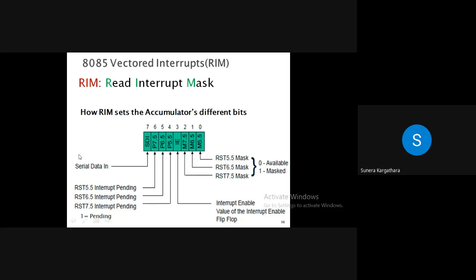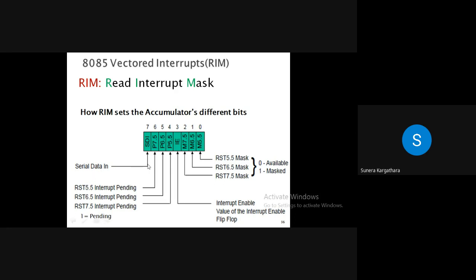Now how can you take the data from the peripheral? Serial data in. As we know, we are doing serial communication through interrupt, so we should take data in and also send data, but that will be bitwise, only one bit at a time. From there you could send data out, and from here you can take the data inside the processor.